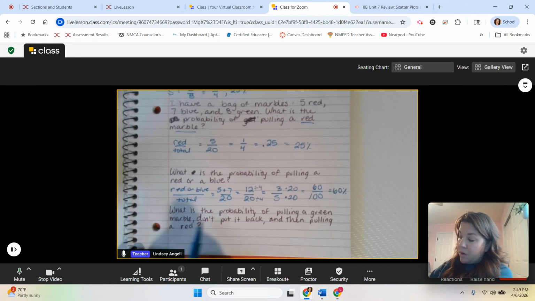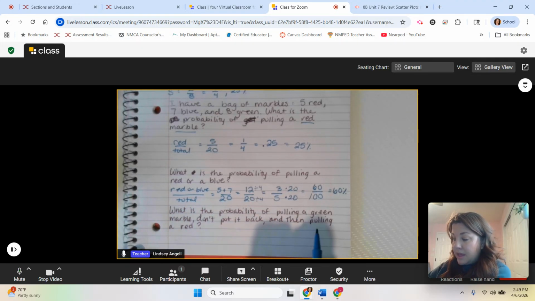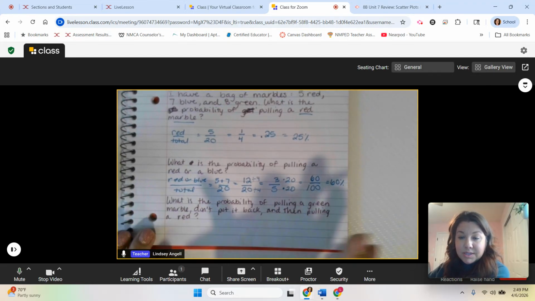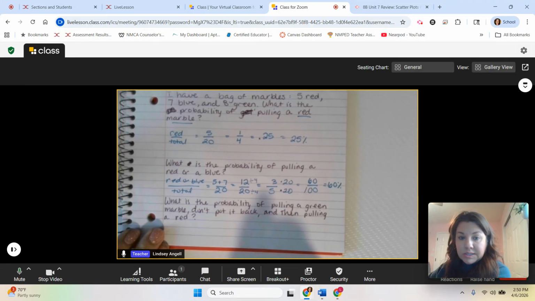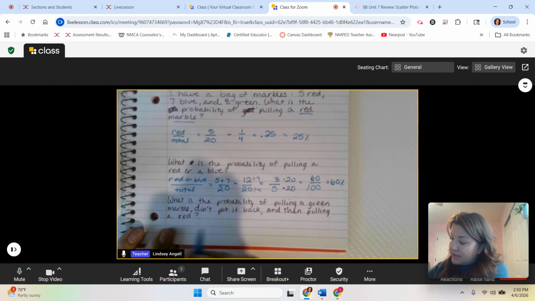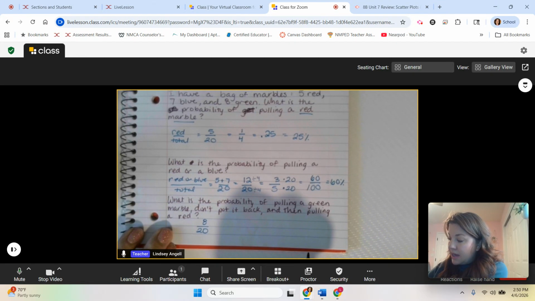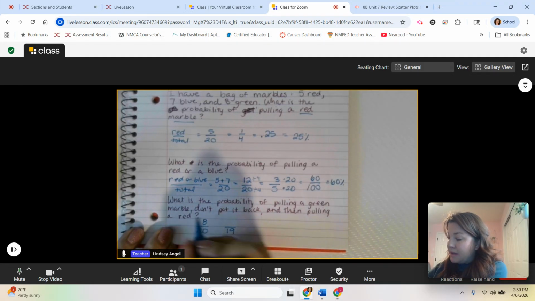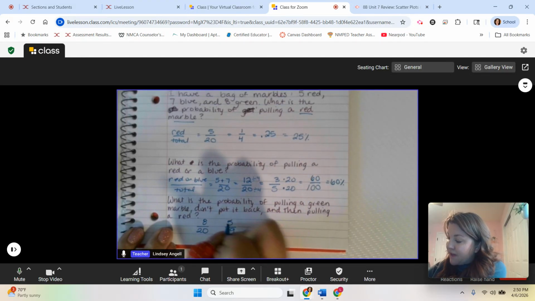With this next one, what is the probability of pulling a green marble, you don't put it back, and then you pull a red? This is a compound event. It's also dependent, because it depends on us pulling a green and then a red. The green was 8 out of 20. If we don't put that back, now we have 19 marbles in the bag, and pulling a red one was 5.